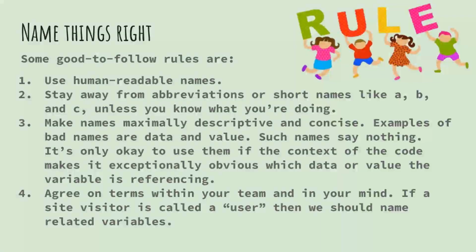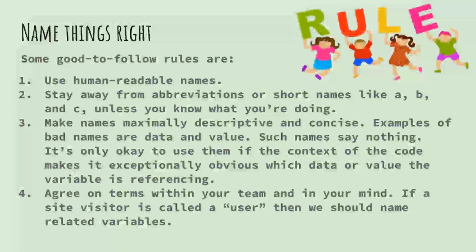First, use human readable names. Second, stay away from abbreviations or short names like a, b and c unless you know what you are doing. Third, make a descriptive name.